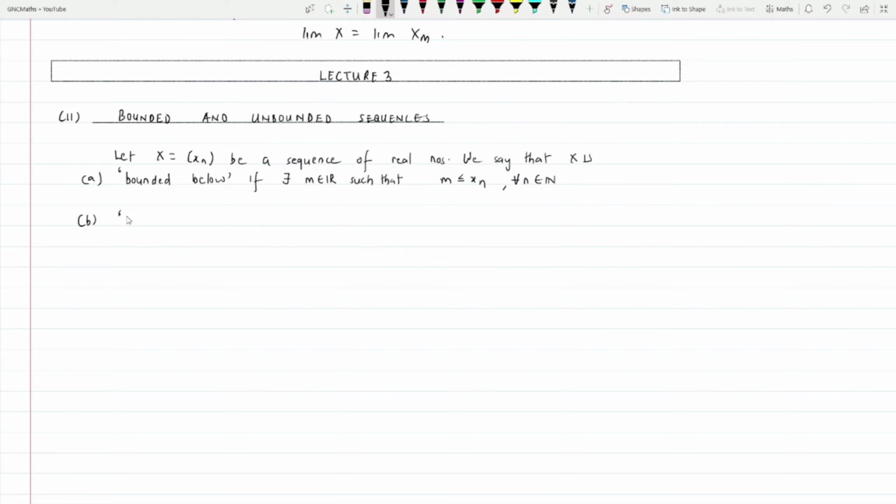Secondly, we say that the sequence is bounded above if there exists a real number capital M such that all terms of the sequence xn are smaller than or equal to M. And finally, we say that the sequence X is bounded if it is bounded above as well as below.